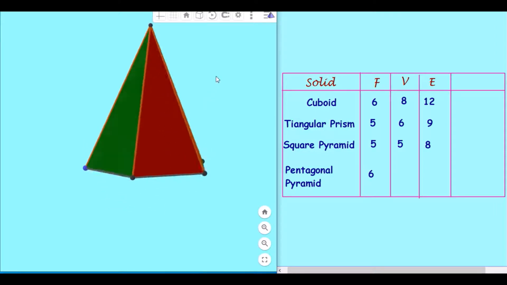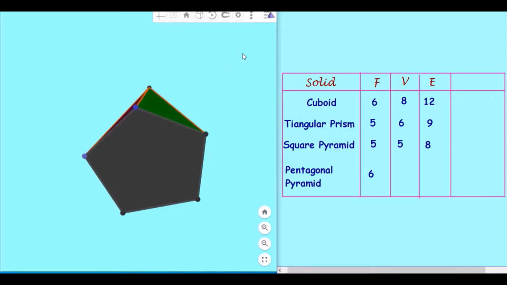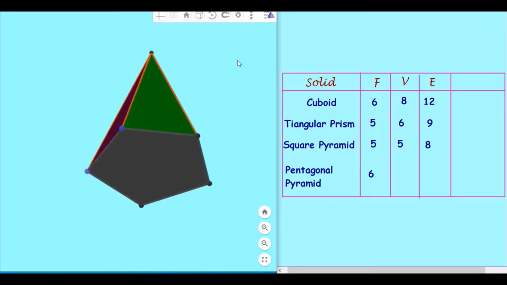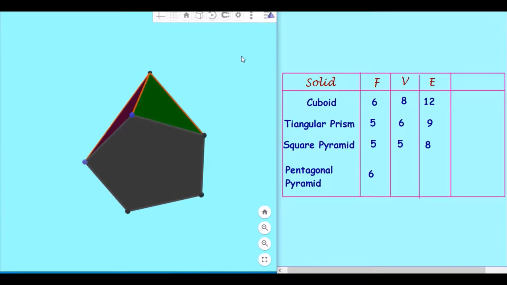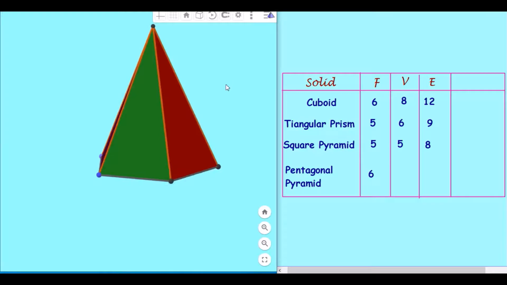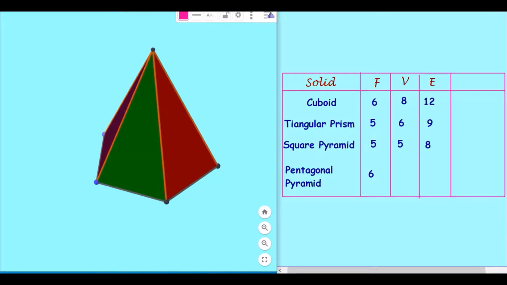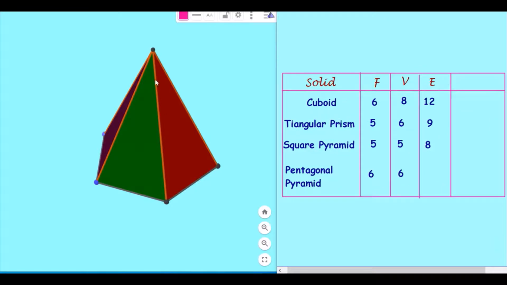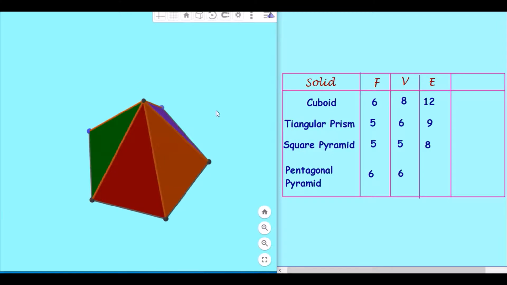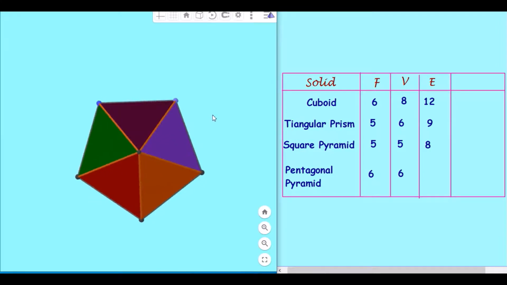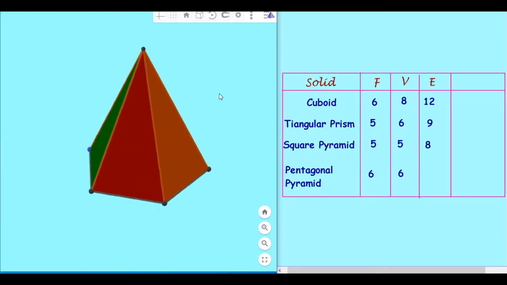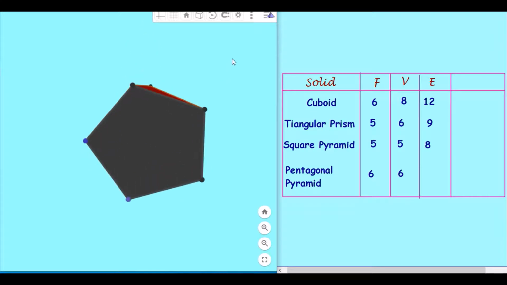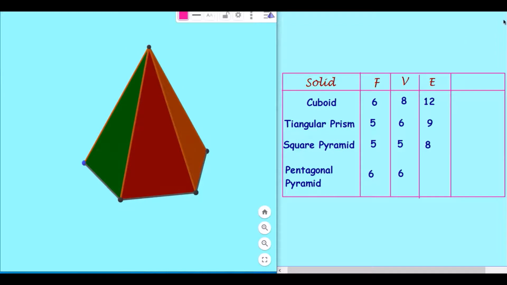Here you can see 1 at the top and 5 at the bottom, that is the base. So 5 plus 1, 6 vertices you can see. What about its edges? Here you can see 1, 2, 3, then 4, 5. So total 5 edges you can see plus 5 edges here. 5 plus 5, total 10 edges you can see here.